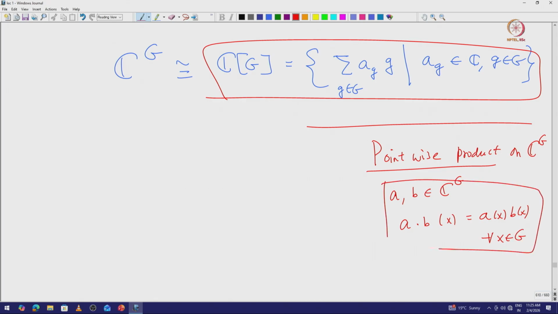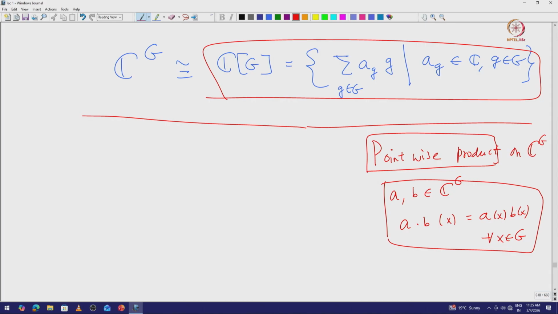So, this is something that is obtained using the structure of the complex numbers. Complex numbers are indeed a vector space, it is a C algebra. So, using the addition we get the pointwise addition on C^G. Similarly, we can also get pointwise multiplication. But this product is indeed very different from the product that we have already constructed, that is the convolution product.